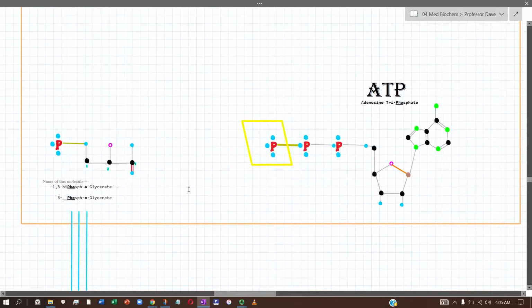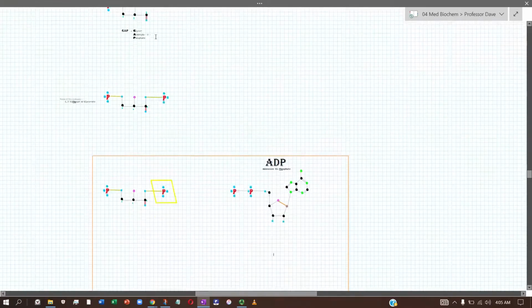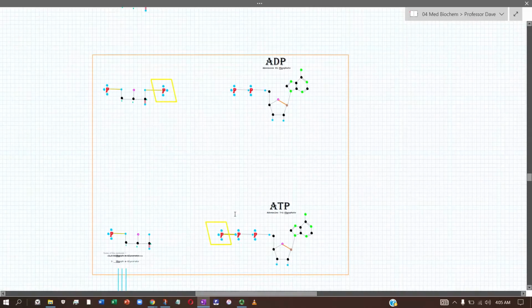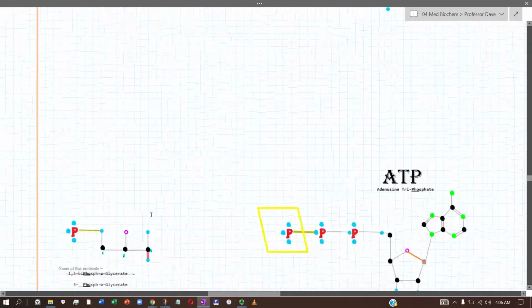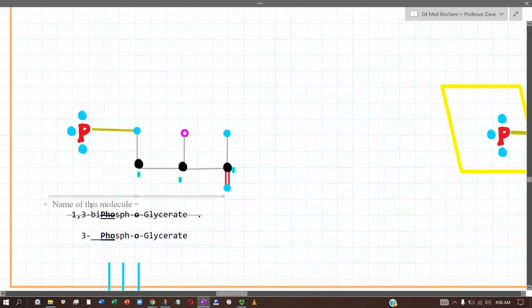So chemistry happens, and this phosphate group that just got added is going to get transferred to the ADP, which becomes ATP. Boom, and that's how you get this molecule here. It's no longer named 1,3-bisphosphoglycerate. Now it's just 3-phosphoglycerate.